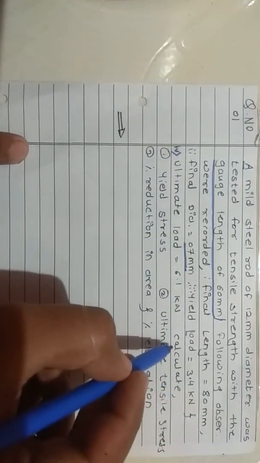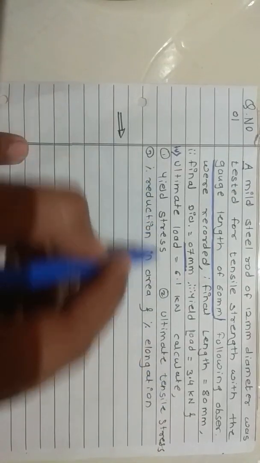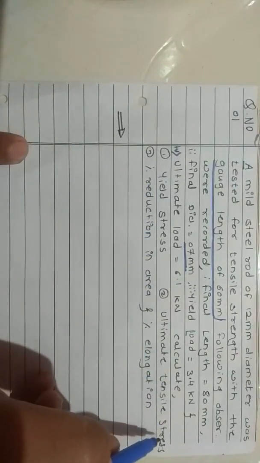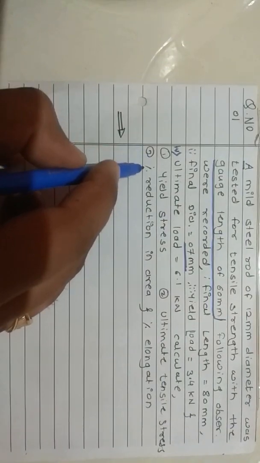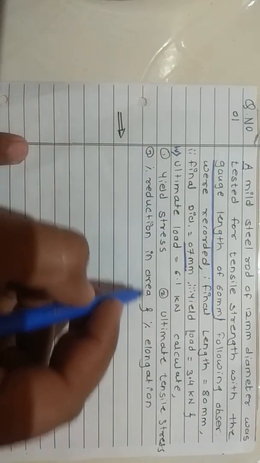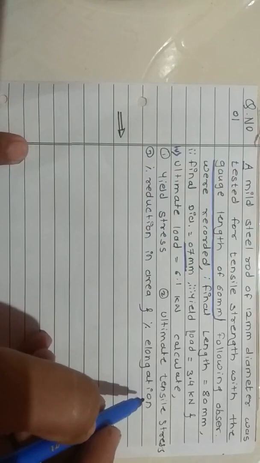Now we have to calculate yield stress, ultimate tensile stress. Third point is percentage of reduction in area and percentage of elongation.